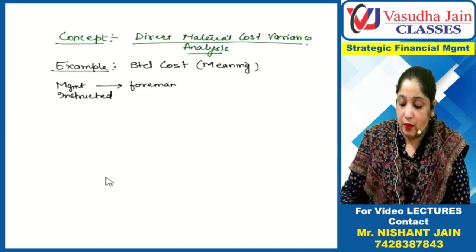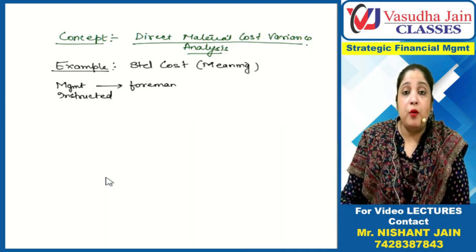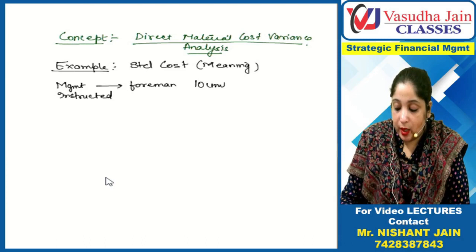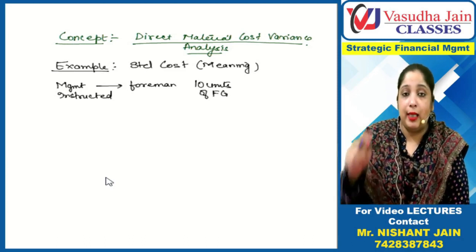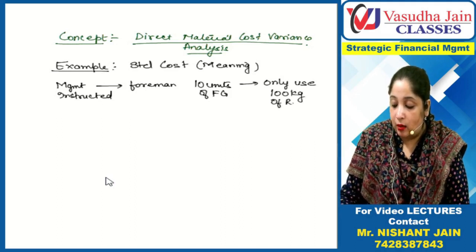And what instruction was given? That, dear foreman, in order to manufacture 10 units of finished goods, only use 100 kg of raw material.